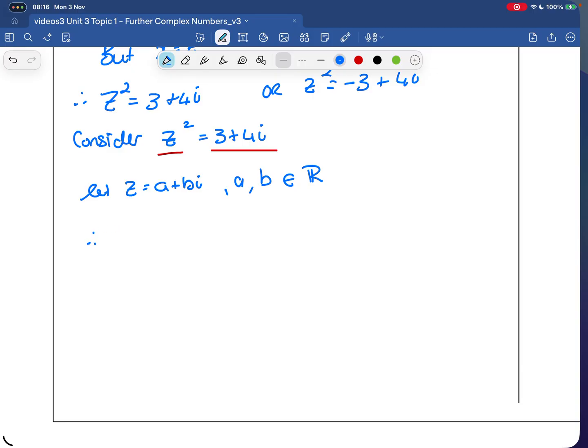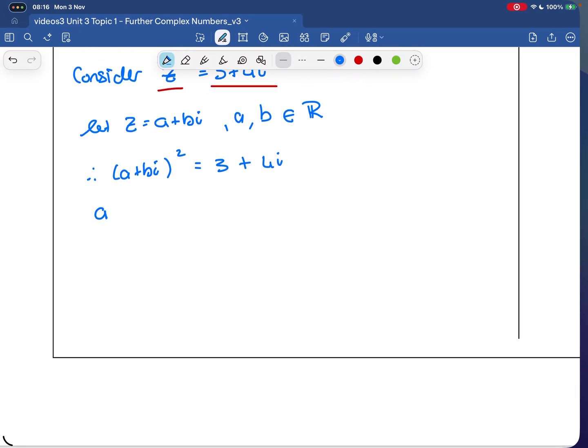So I can say that a plus bi squared has to equal 3 plus 4i, and that means that a squared plus 2abi plus b squared i squared is 3 plus 4i, and i squared is -1, so a squared minus b squared plus 2abi must be equal to 3 plus 4i.